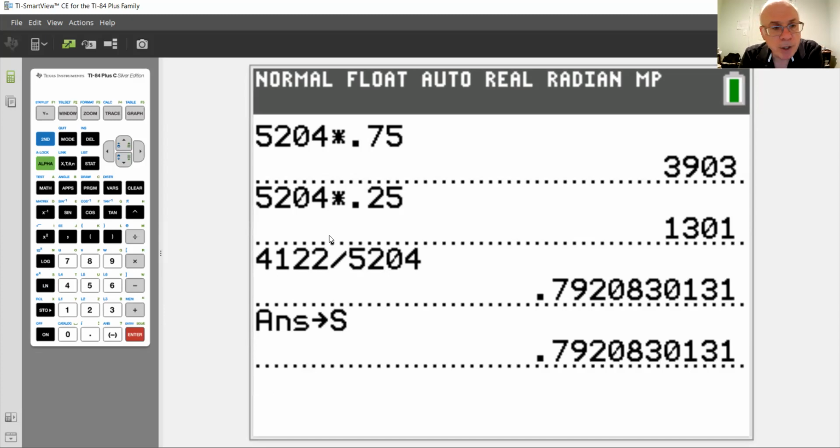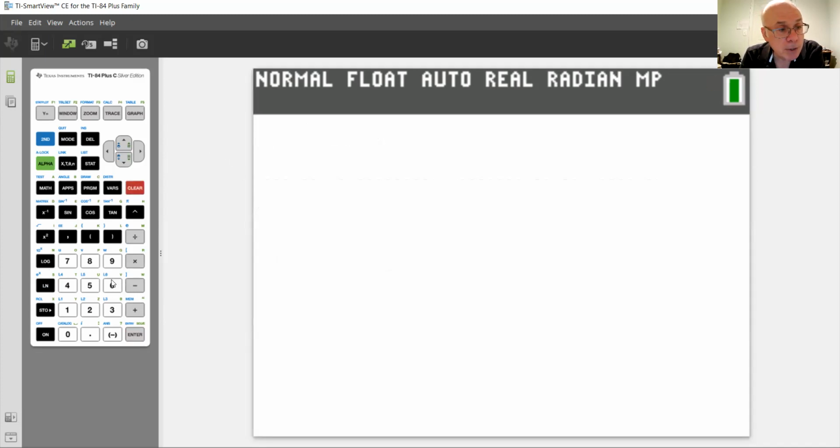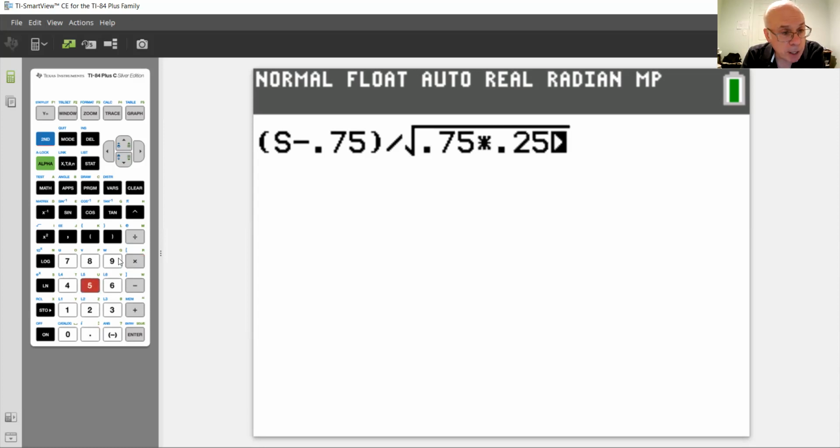That's our sample proportion. Now we'll clear out the screen and calculate our test statistic. Again, alpha S minus our hypothesized proportion of 0.75, divided by, and again, the square root of 0.75 times 1 minus 0.75, which is 0.25, divided by, now be careful, we have to use the sample size here, 5,204.